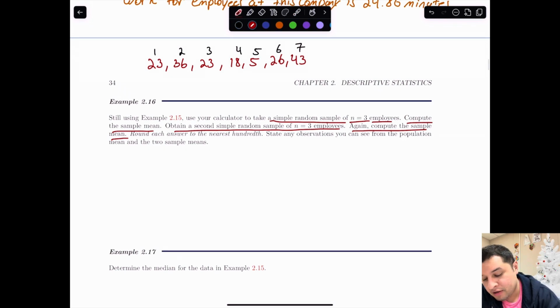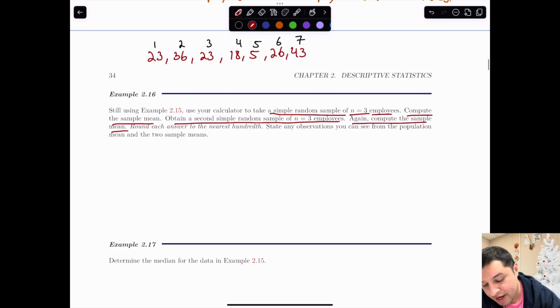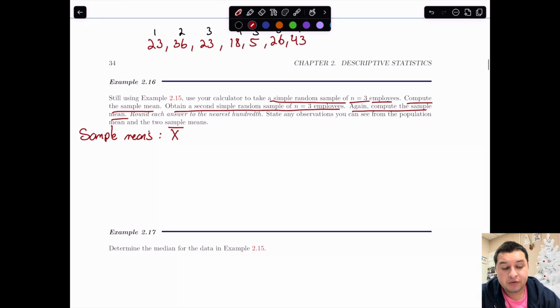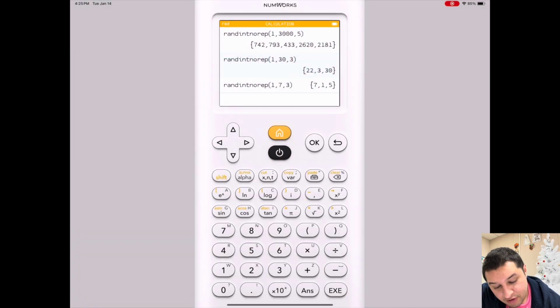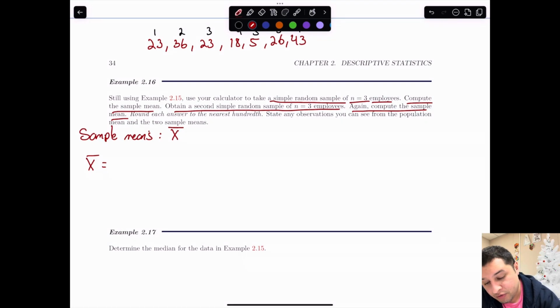Now remember, I'm going to use the x bar because I'm trying to find my sample means. So remember, we're doing sample means, so I'm using x bar. So my x bar is going to be equal to, sorry, what numbers were they? 7, 1, and 5. So we're going to use the positions, also known as our locators, 7, 1, and 5 for the first one.